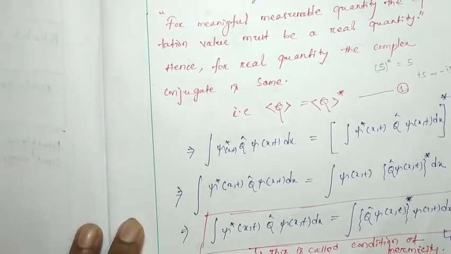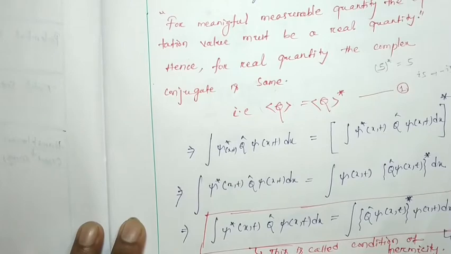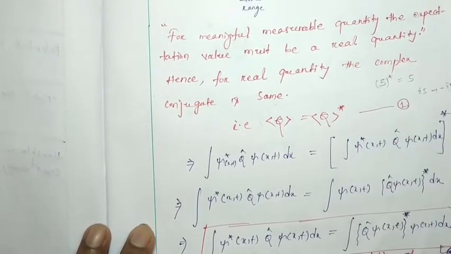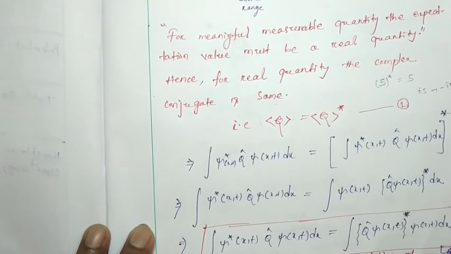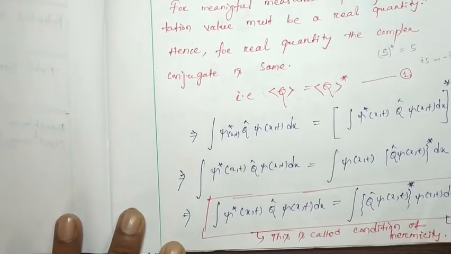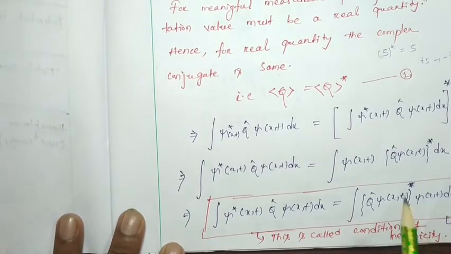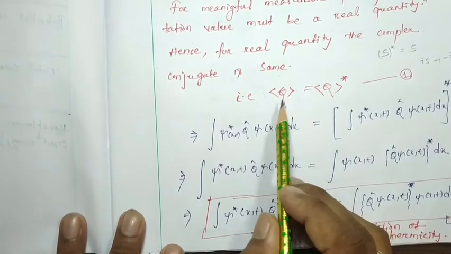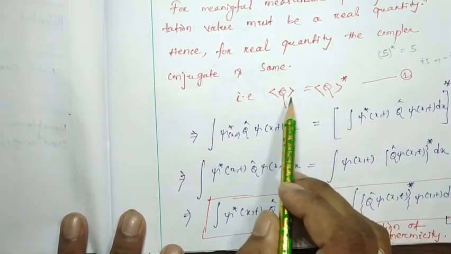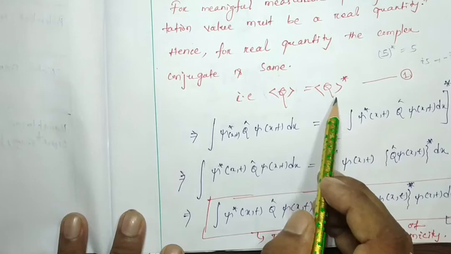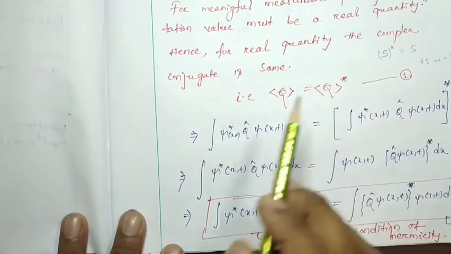Whenever I gave you the note yesterday, here I wrote 1, but this is equation number 1 and this is equation number 2, so you just correct that. So both these equations give the condition of Hermiticity, that is, Hermitian. If the operator is Hermitian, that means its expectation value and the complex conjugate of the expectation value will be the same.